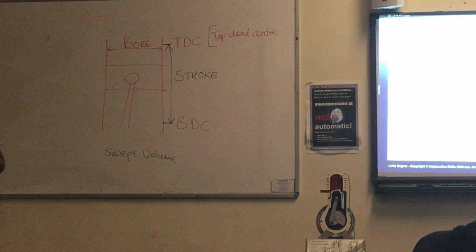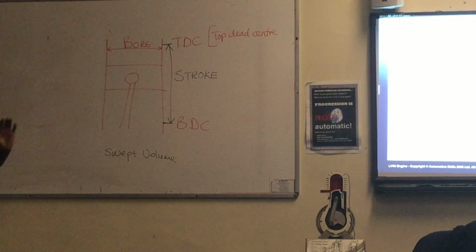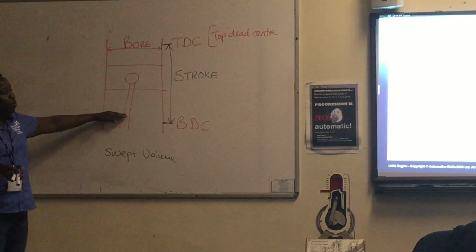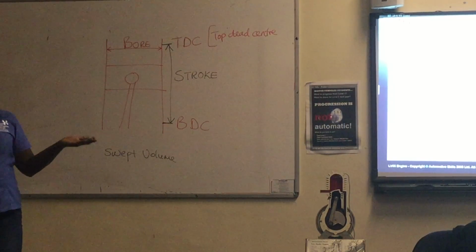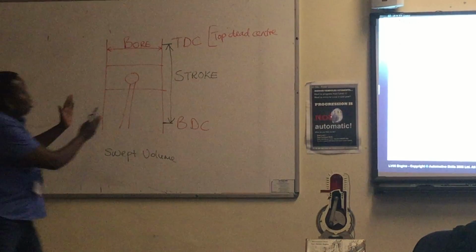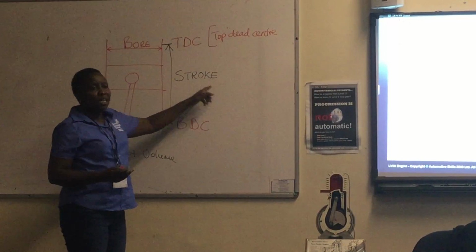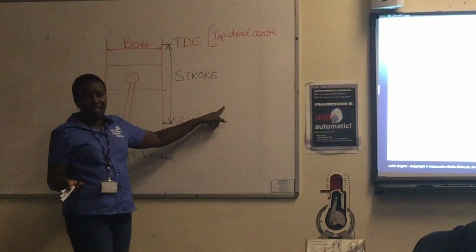So much so that at the end of the day, mathematically, we can calculate the volume of one cylinder, right? We get a volume, let's say 60 cc's or whatever. If it is a 4-cylinder engine, we multiply the volume of one cylinder by 4 cylinders, right?